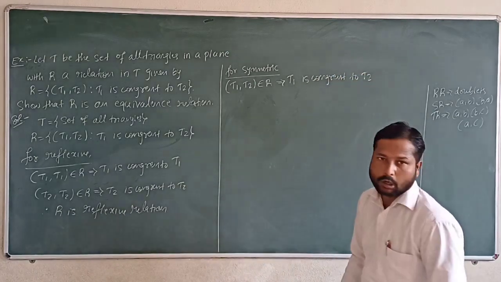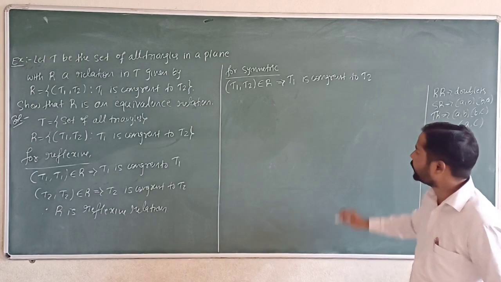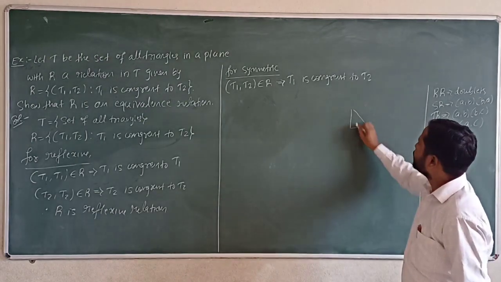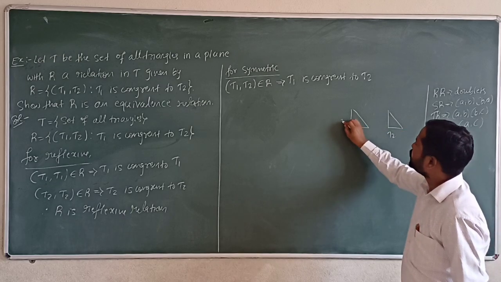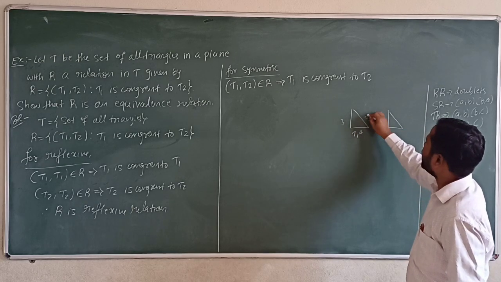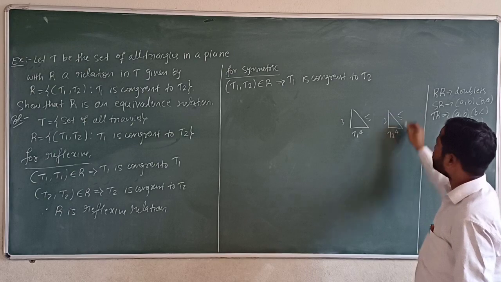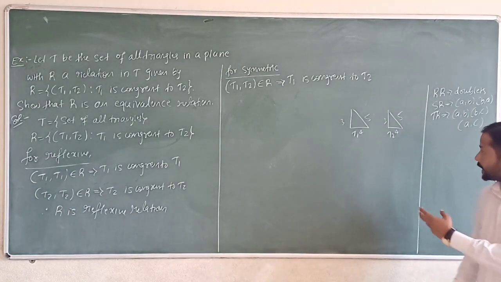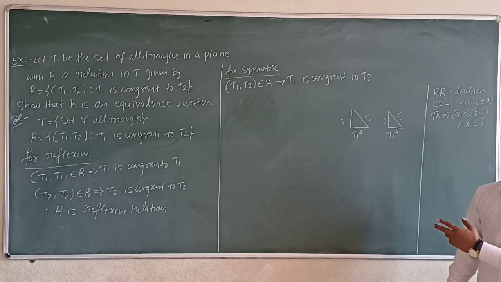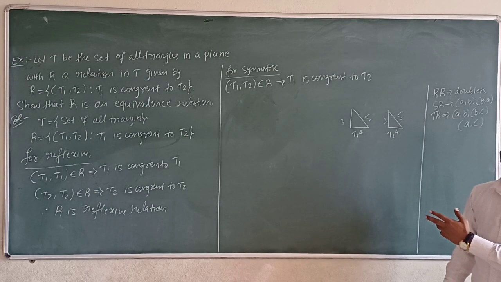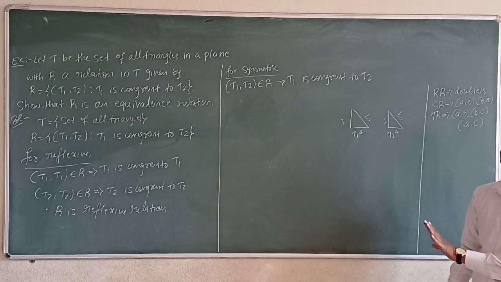Meaning, take t1 triangle and the t2 triangle. This one, with 3 units, 4 units, satisfies 3, 4, 5. They are two different triangles, but their area and size are both the same, correct?